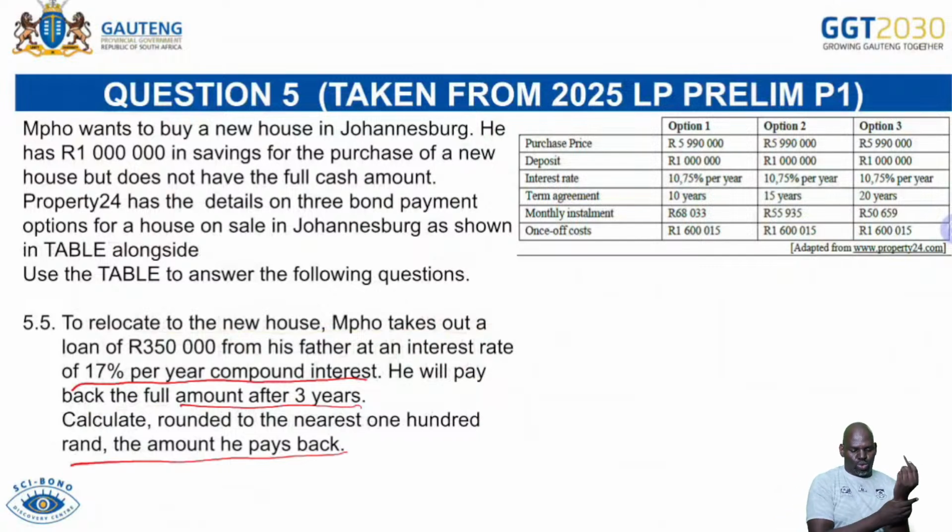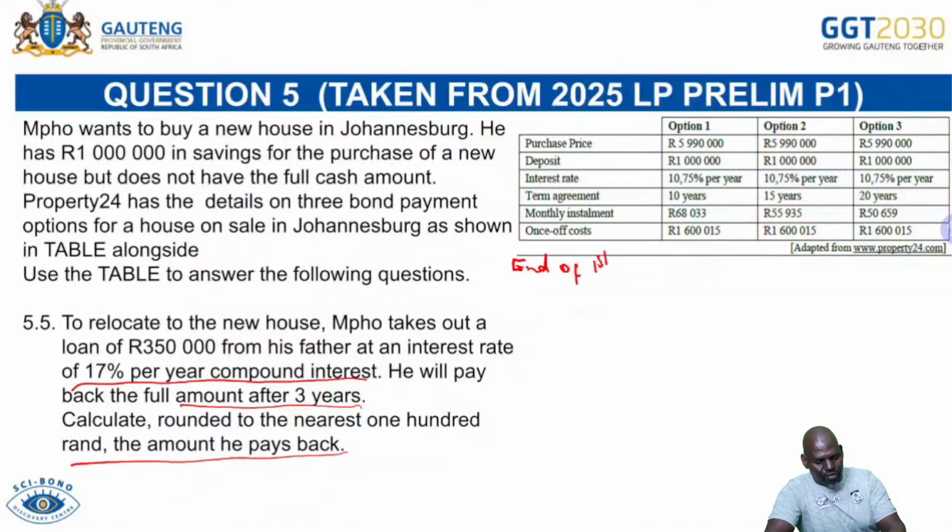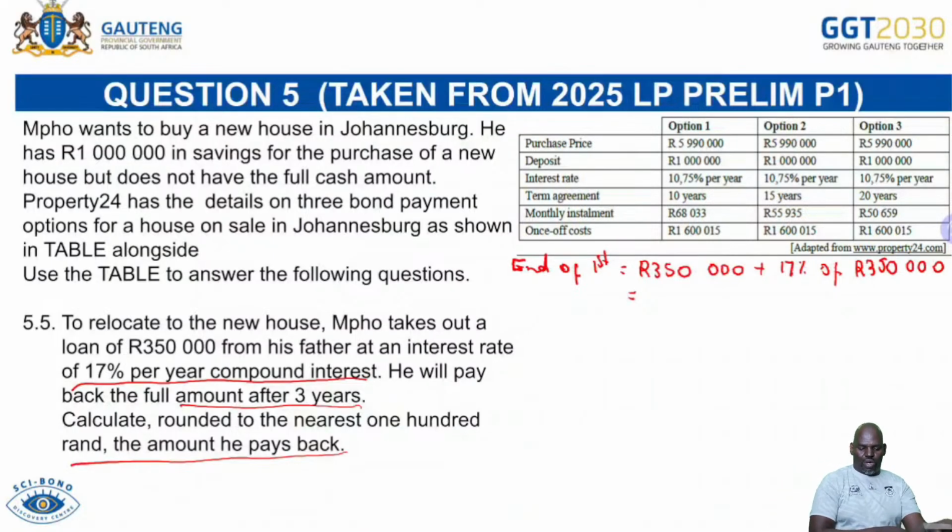Okay, so this one we're going to calculate the interest again. So we're going to say the end of the first year is going to be 350,000 plus 17% of 350,000. You can see, boys and girls, we've already done 2 of these types of questions.